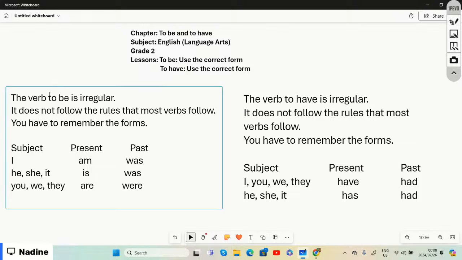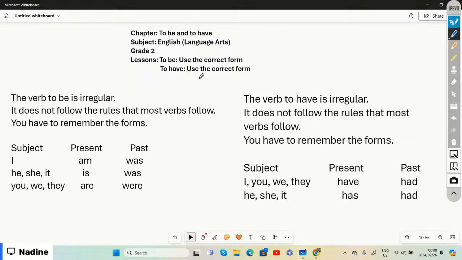All right, so the verb to be. We say the verb to be is irregular and it does not follow the rules that most verbs follow. You're just going to have to remember the forms of the verb. So we will have our subject, which is either the person, animal, or thing that we are talking about.